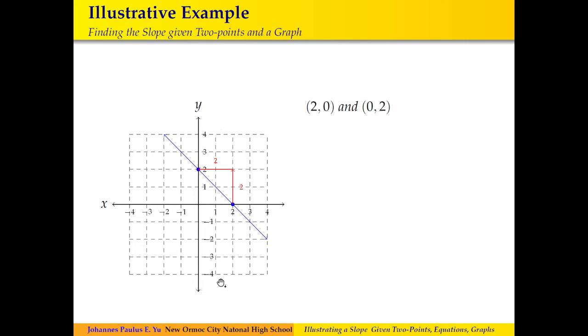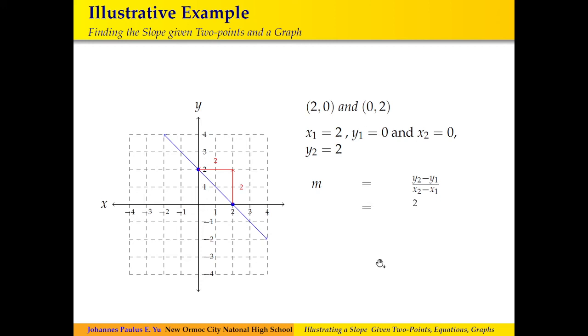Kasi nasa y-axis. And x sub 1 is 2, y sub 1 is 0, x sub 2 is 0, y sub 2 is 2. So, following the slope formula, we have y sub 2 minus y sub 1, all over x sub 2 minus x sub 1. Okay, and then substitute all the values respectively.